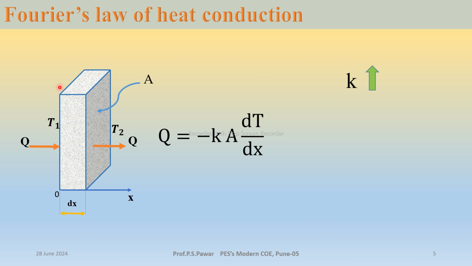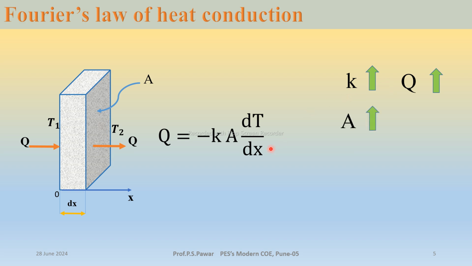Now here there are some relations between heat transfer by conduction and the right side of this equation. You can observe here, as the thermal conductivity of the material increases, the rate of heat transfer by conduction is going to increase.